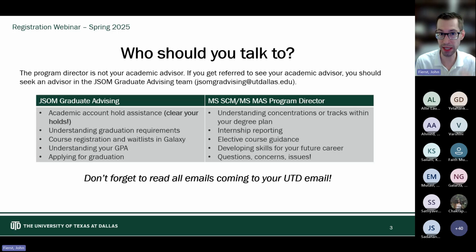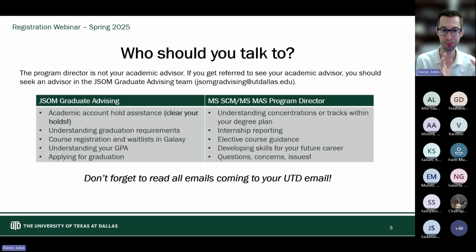The JSOM advising team can help with holds on your account if it's an academic department hold. They can help you understand your graduation requirements and calculating your GPA. If you have a question about registering into a course, like how to do it in Orion or your waitlist status, things like that, they'll help you, and with your application for graduation.